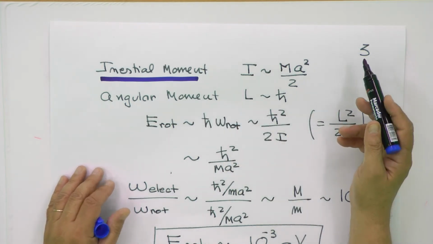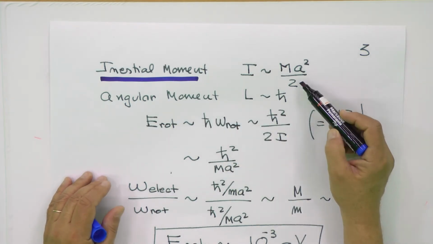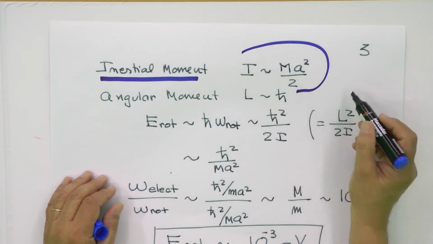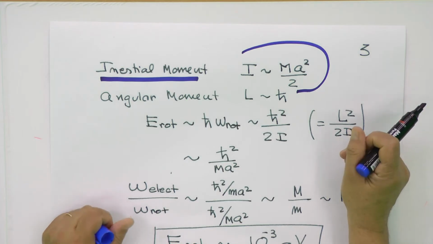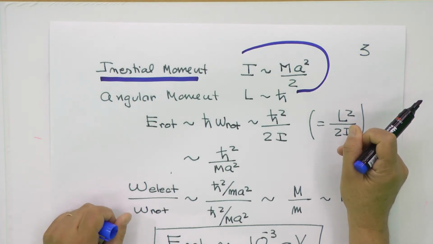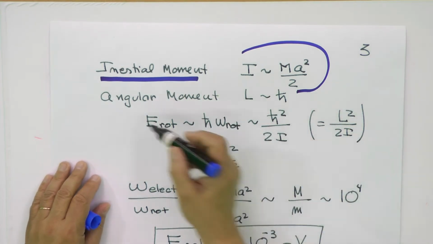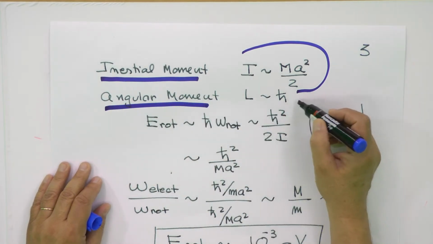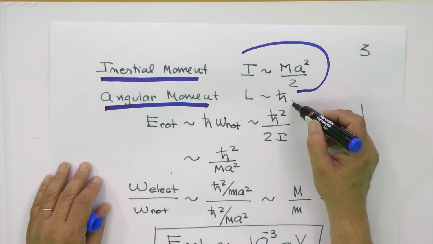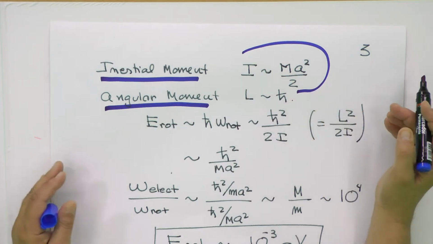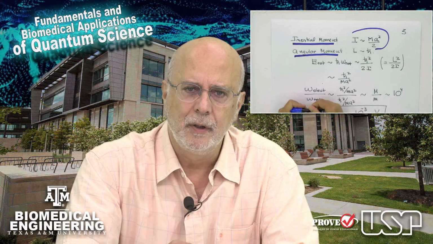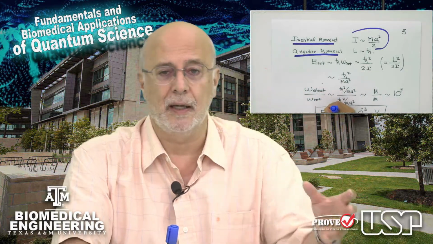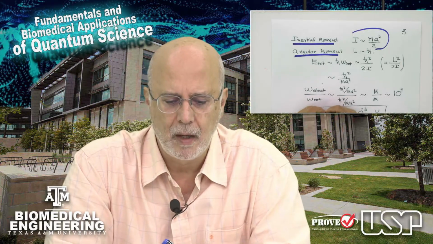We have two masses separated by a/2. So this gives us a moment of inertia of about ma squared divided by 2. And the angular momentum for this molecule has to be on the order of h bar, which is the traditional quantum of angular momentum that we have, especially at the atomic and molecular level.